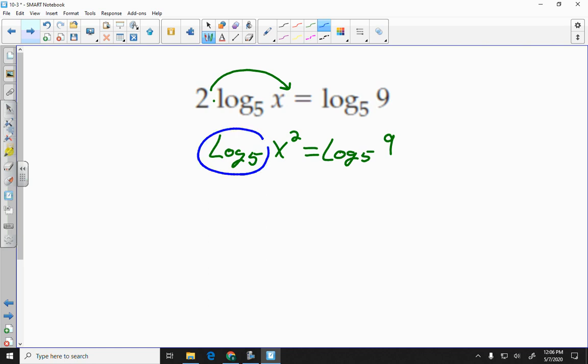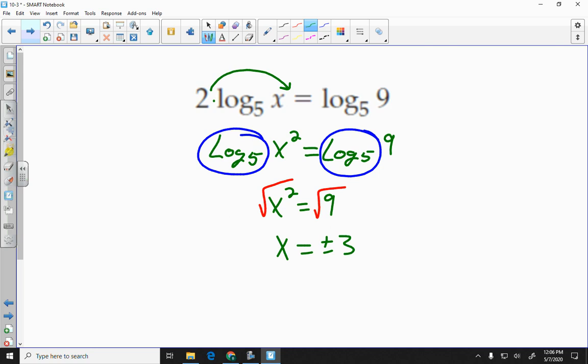Now that this log base 5 equals a log base 5, you can drop those log base 5s, and x squared equals 9. And then simple solve, square root both sides, and you get x equals plus and minus 3.